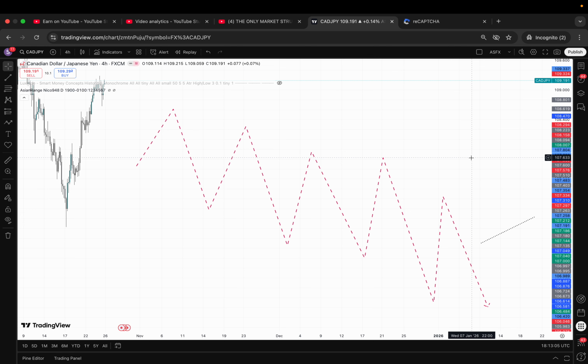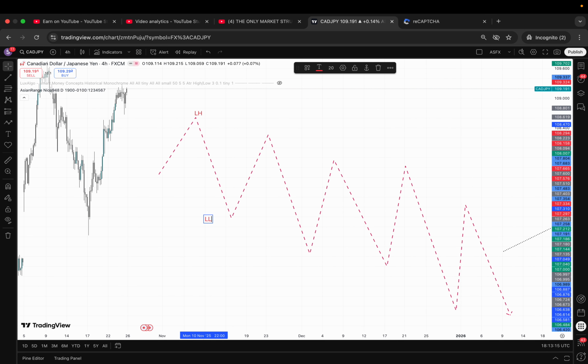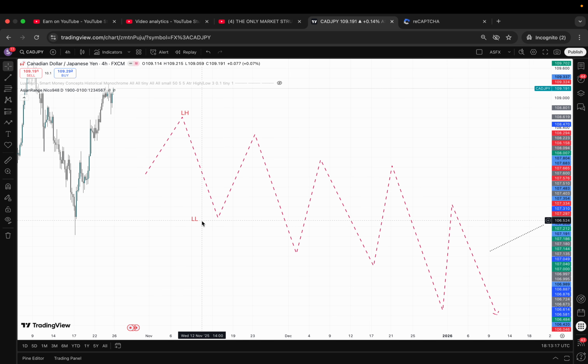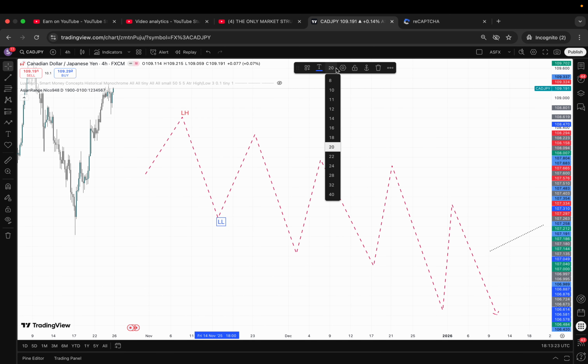And now in the bearish market, price is creating a series of lower highs and lower lows. Let me just quickly change this to blue here. This is a lower high and a lower low.